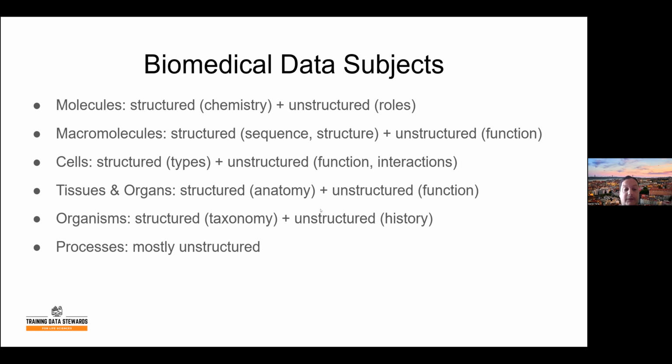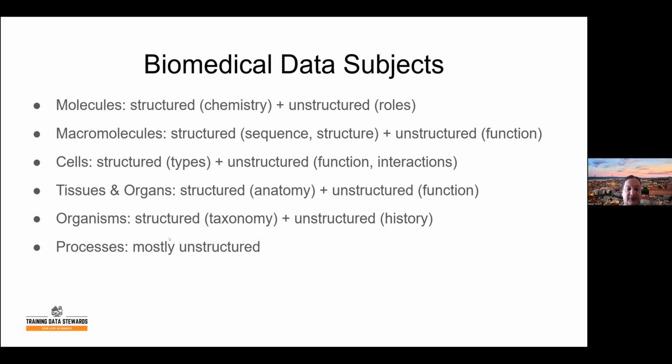And for organisms, we have taxonomic information. If we're talking about, for example, clinical data, we have the clinical background of the patient, so the age, date of birth, gender, etc. But then if you talk about clinical history, that's again harder to provide as structured data.